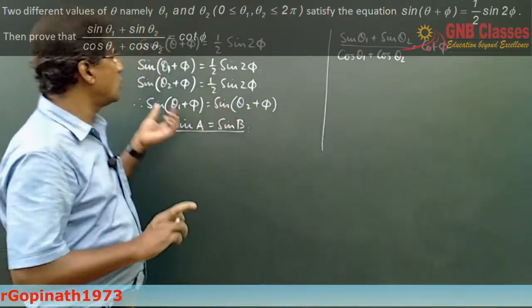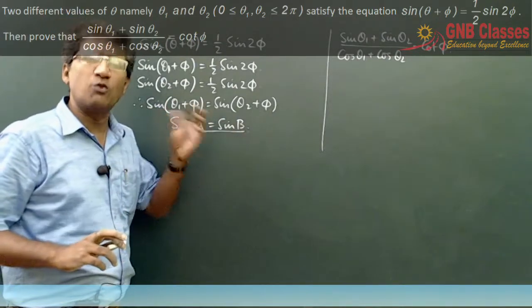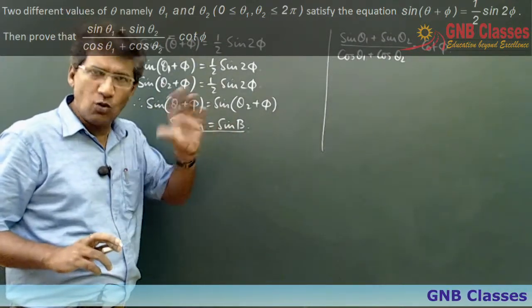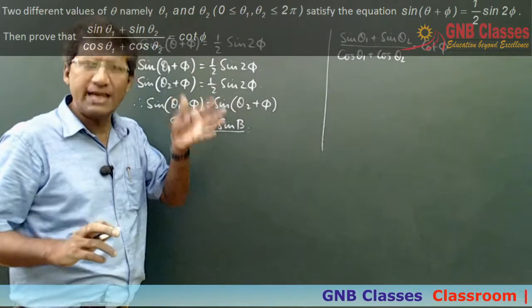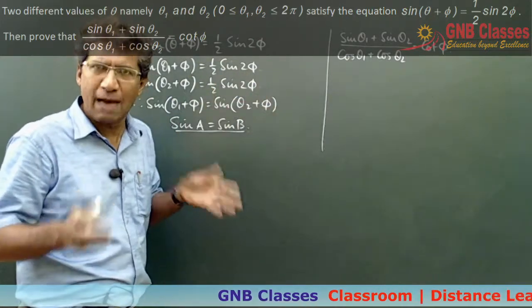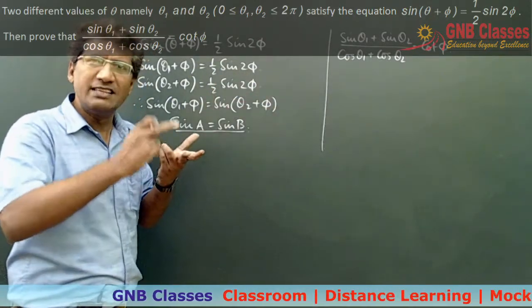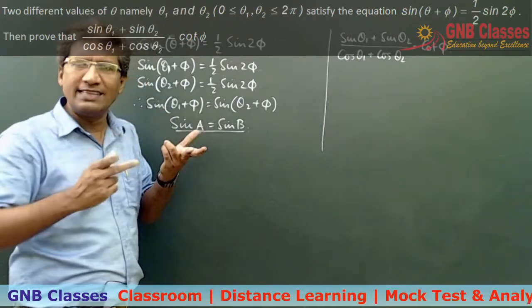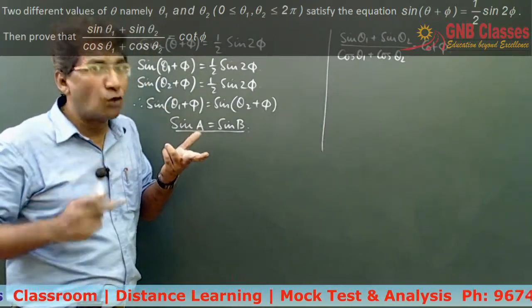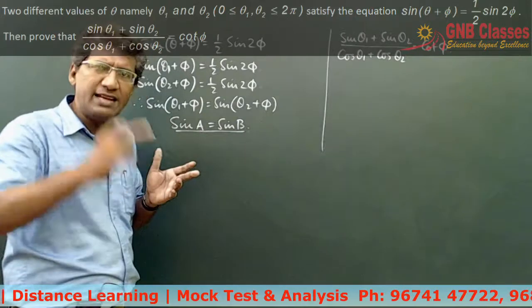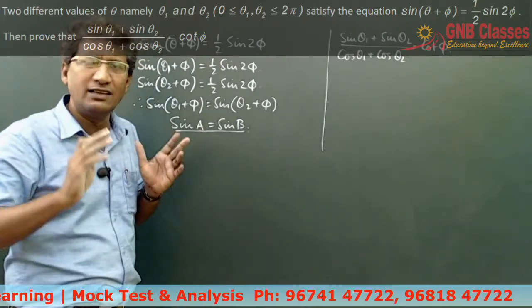Even if cos A equals cos B, when it happens, either it is in the first quadrant or in the fourth quadrant, right? And in case of tan, either it will be in the first quadrant or in the third quadrant.